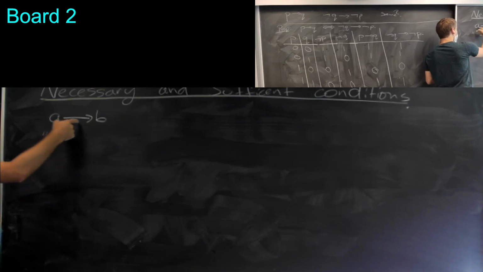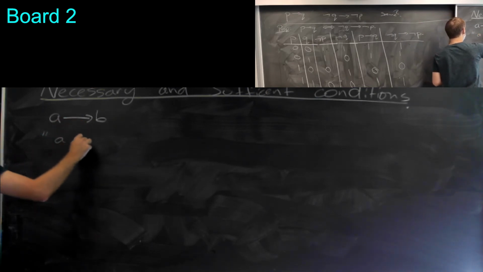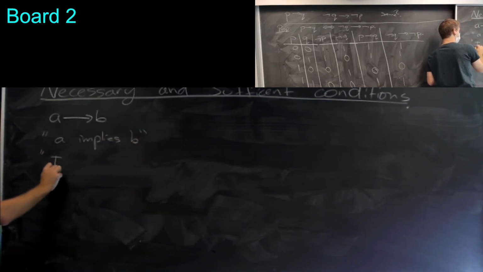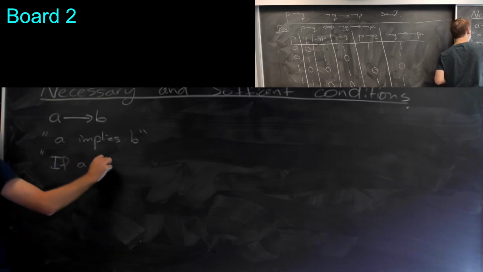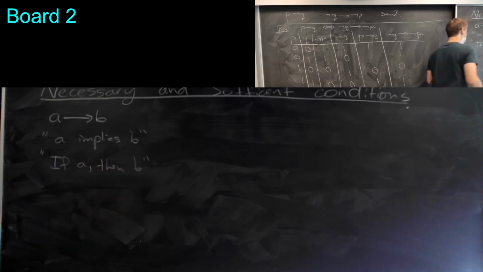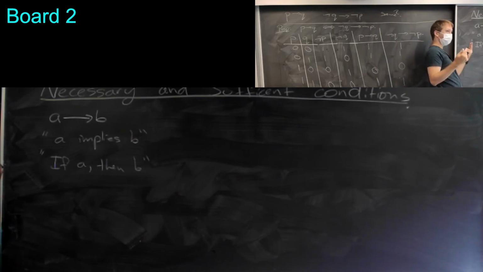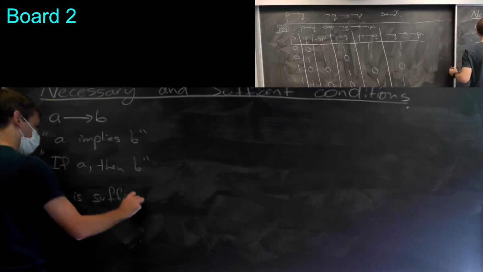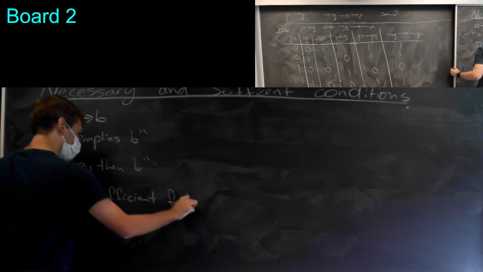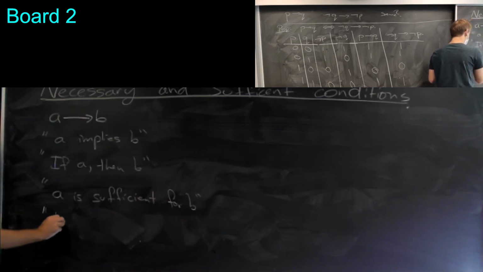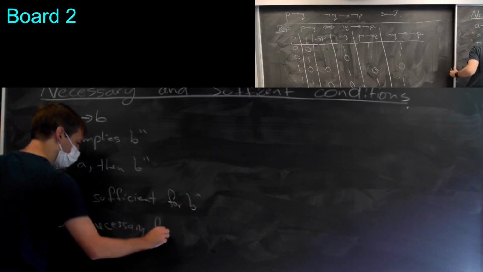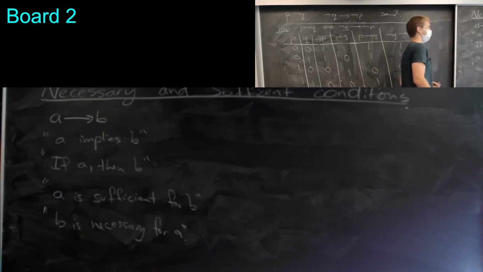Okay, so in words, we've said that this means that A implies B. I think we've also mentioned that this can be written as if A, then B. And I just want to say that there's basically two other ways to say the same thing: A is sufficient for B, or B is necessary for A. Okay.